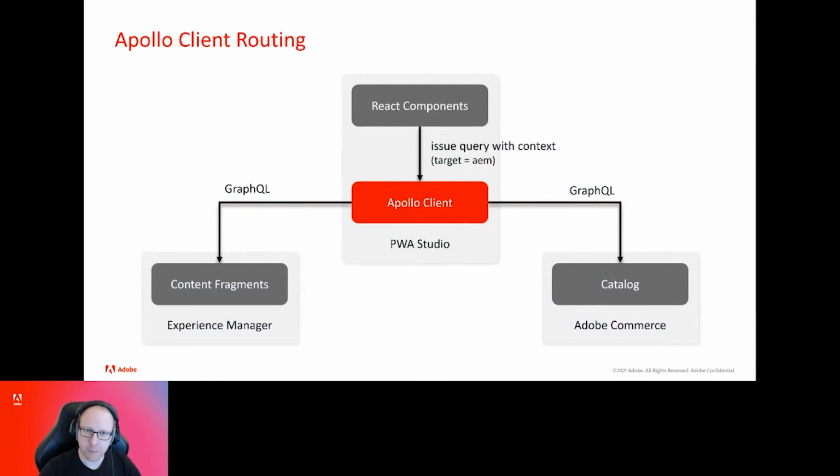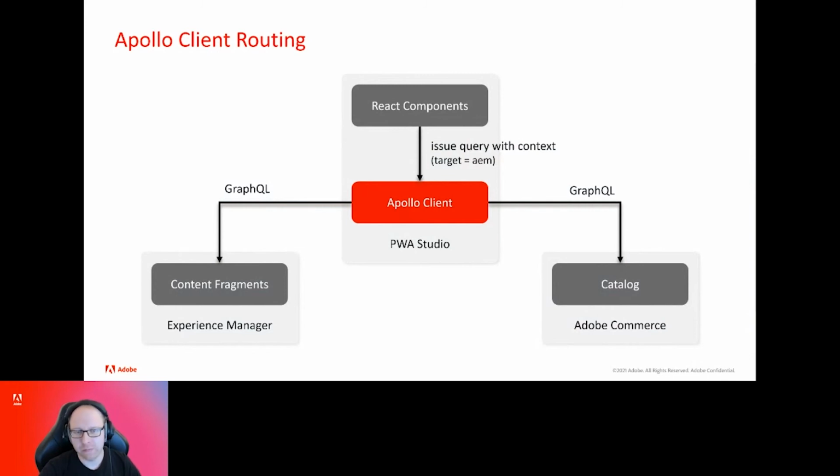Internally, PWA Studio uses the Apollo GraphQL client for React to allow any React components to make GraphQL calls to the backend API. What we did is customize the GraphQL client configuration, in particular the Apollo link configuration, to add the AEM content fragment GraphQL API as a second endpoint.